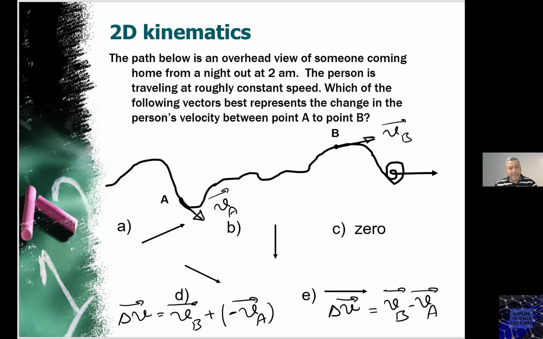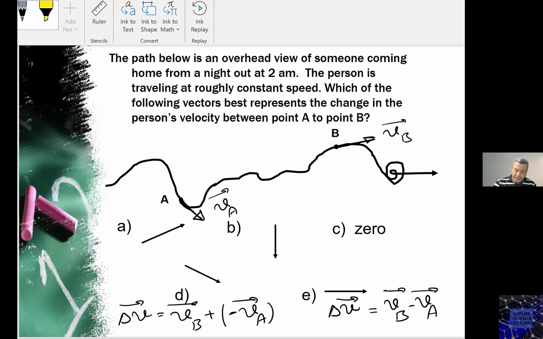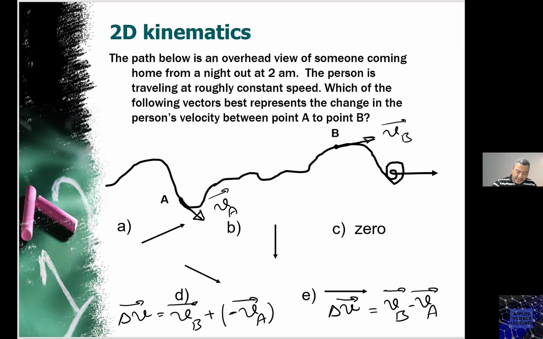So the minus, remember what did we say about multiplying a vector with a negative scalar? It changes the magnitude and it flips the direction. So it makes it easier for me graphically to reverse the VA, and add it to VB. So in this case, I will reverse the VA and I will draw it this way. So this one is minus VA. And now I will add them. So I have here VB.